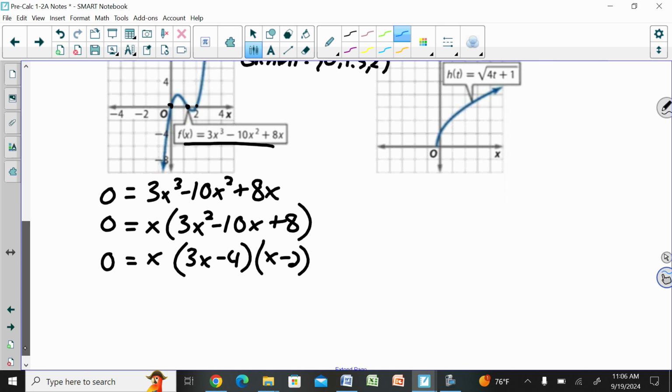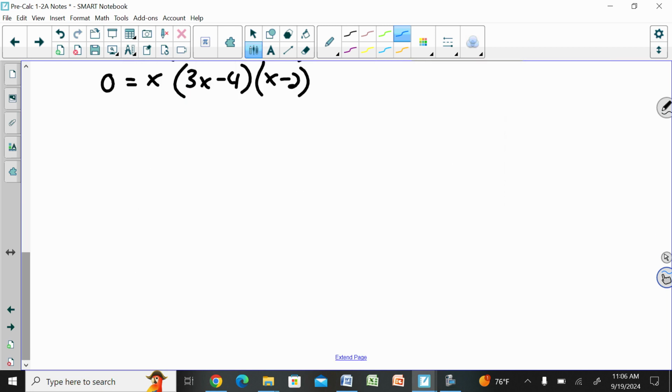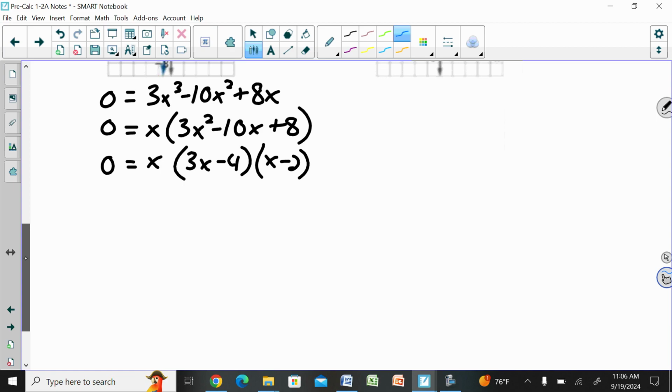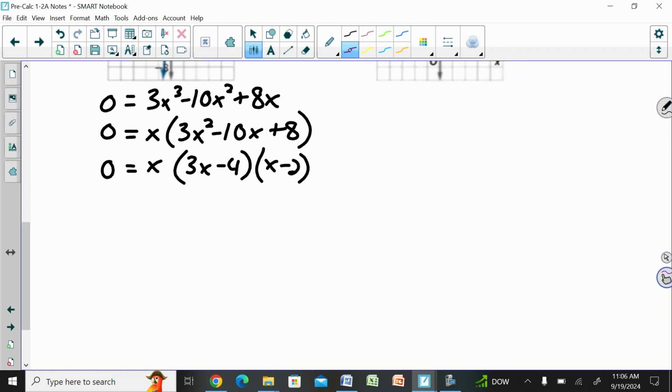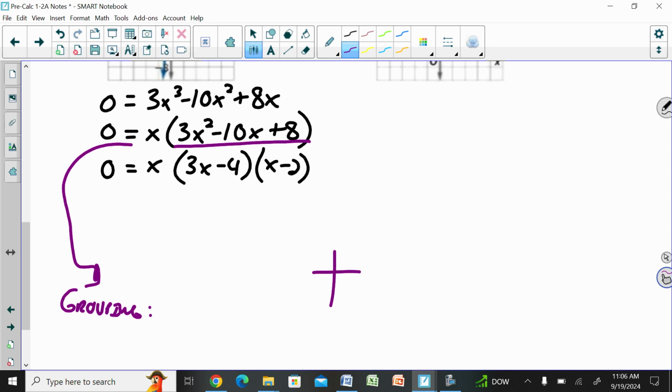So then I know, and how do I know that? We'll go a little bit further here. If we're not sure on that step, let's take this and factor by grouping. Okay, so if I use my product sum table, 3 times 8 is 24, so multiply to 24 and add to -10.